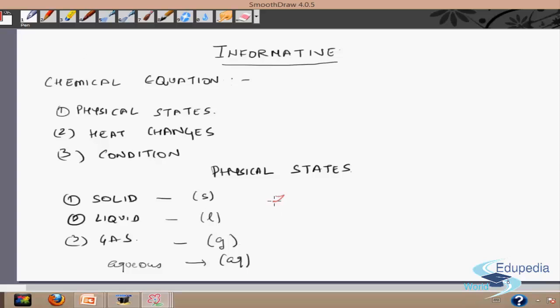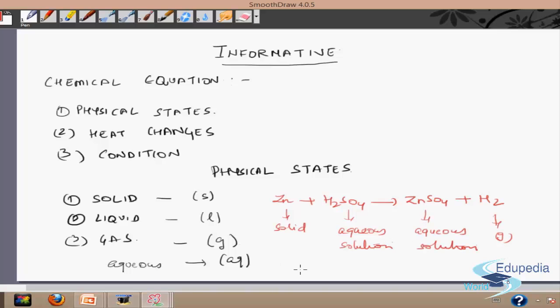Like we have zinc plus H2SO4 giving ZnSO4, right? We know that zinc is a solid, this is a dilute sulfuric acid, which is an aqueous solution, and we know that this is a gas. This is also an aqueous solution.